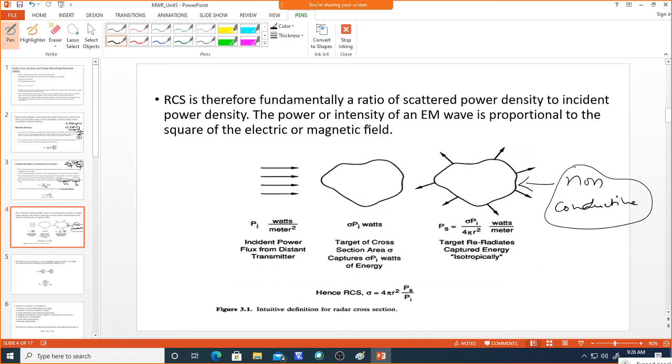So the power of the reflected EM wave depends on the square of the electric or magnetic field. We know that voltage into current gives power, or if you take the resistance of the material, V square by R. If you consider R as a constant resistance, then power is directly proportional to V square. Electric field is directly proportional to the voltage, so we can directly say that the power is proportional to the square of the electric field, or even the magnetic field.